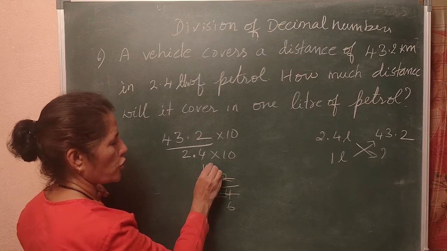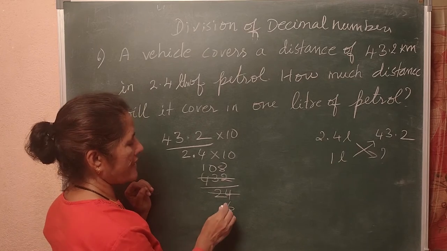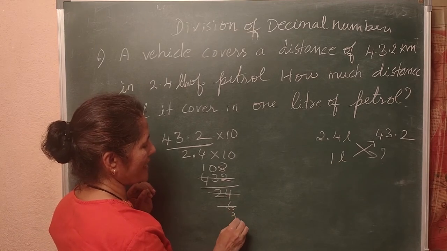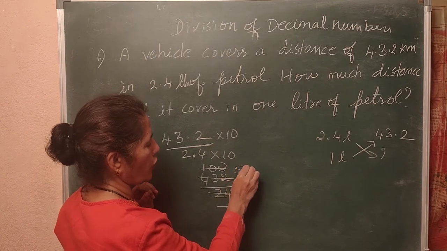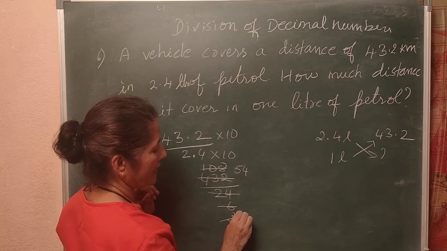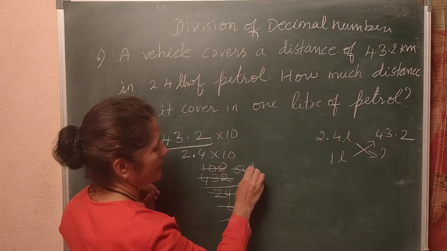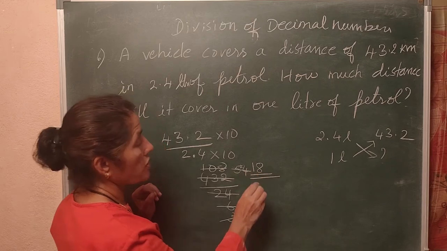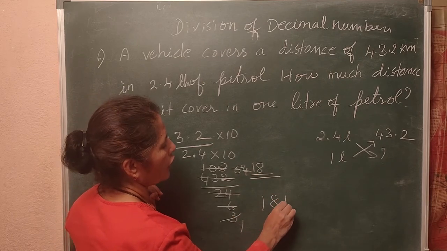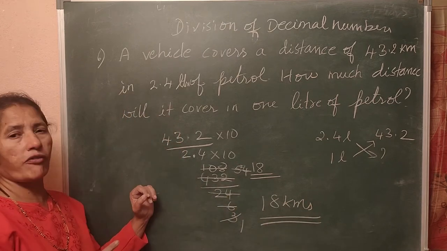It doesn't go, so 0. 4 8s are 32. Next I know 2. 2 3s are 6. 2 5s are 10. Next I know 3. 3 1s are 3. 3 8s are 24. So how much? 18 kilometers it covers in 1 liter of petrol.